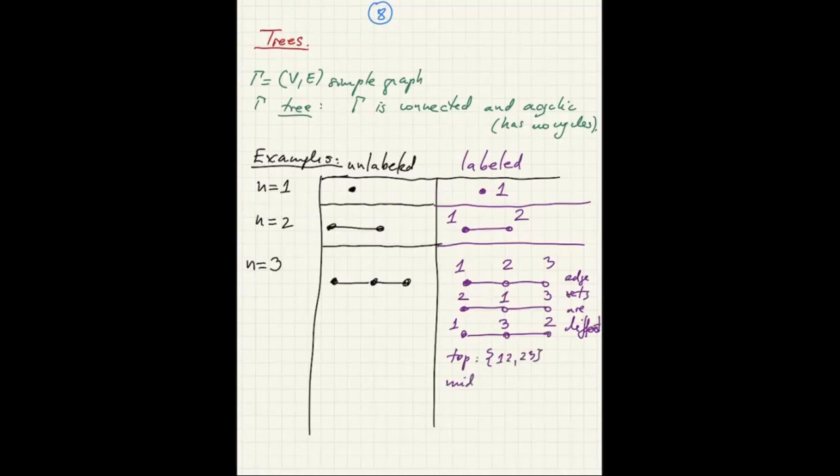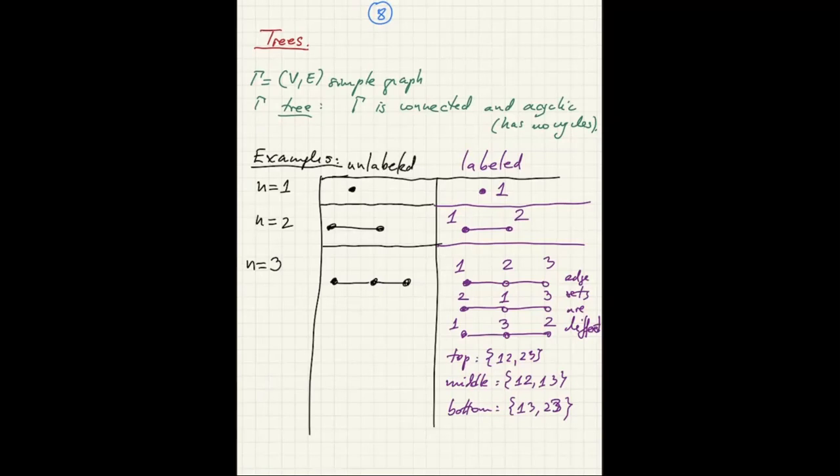The middle one has edge set 2, 1, which I can write as 1, 2, and 1, 3, so it's different from the other one. And the bottom one is 1, 3, and 2, 3. Okay, so that's when I consider them to be different. So that's the difference between labeled and unlabeled. So labeled, you see, you get more trees, and unlabeled, you get fewer.